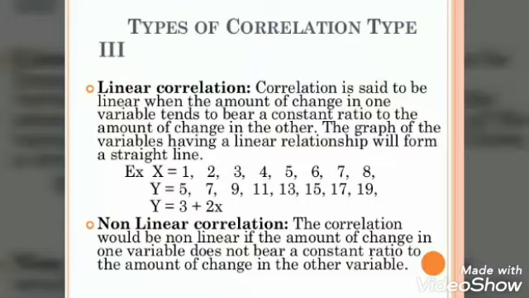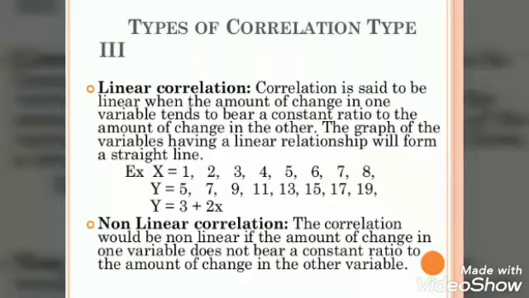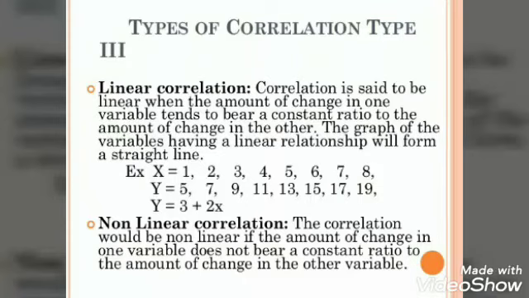That means these two variables are changing in a constant proportion every time. Variable A is changing by 2 units every time, and variable B is changing by 5 units every time, and that is why I said 5, 10, 15, 20, 25. This is linear correlation.